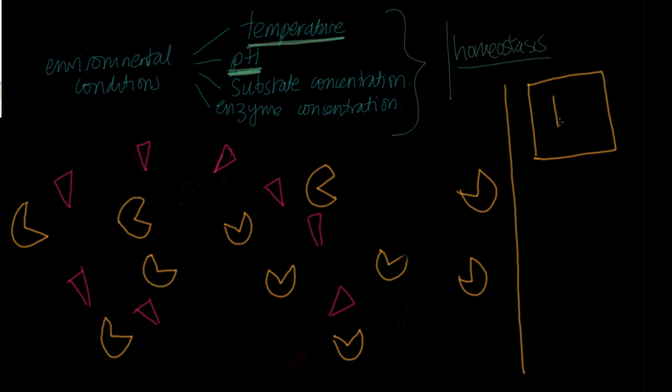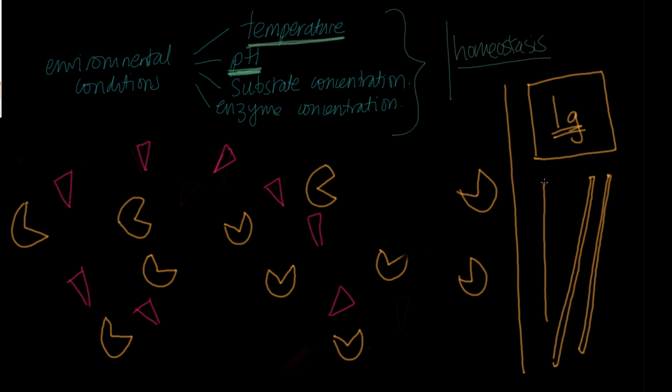Let's say you've got a piece of potato that's 1 gram. What's going to expose more enzymes to the substrate? This shape here, or for example, if you got 1 gram of potato in lots of strips like this, or for example, diced up your potato into lots of little squares or mashed it up, what's going to expose more enzymes to more substrate? So that's some of the things I want you to be thinking about.